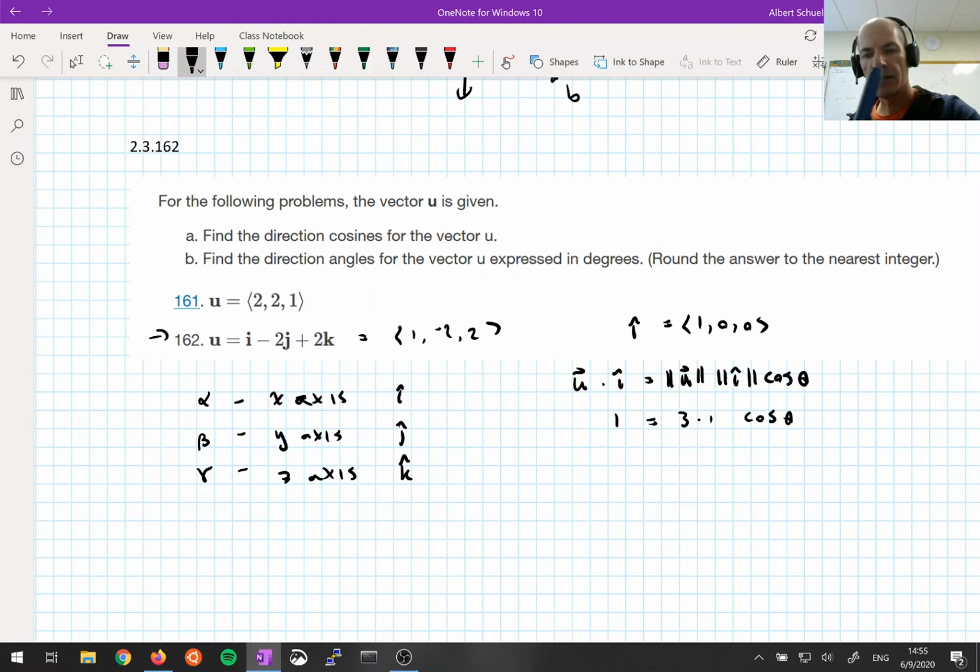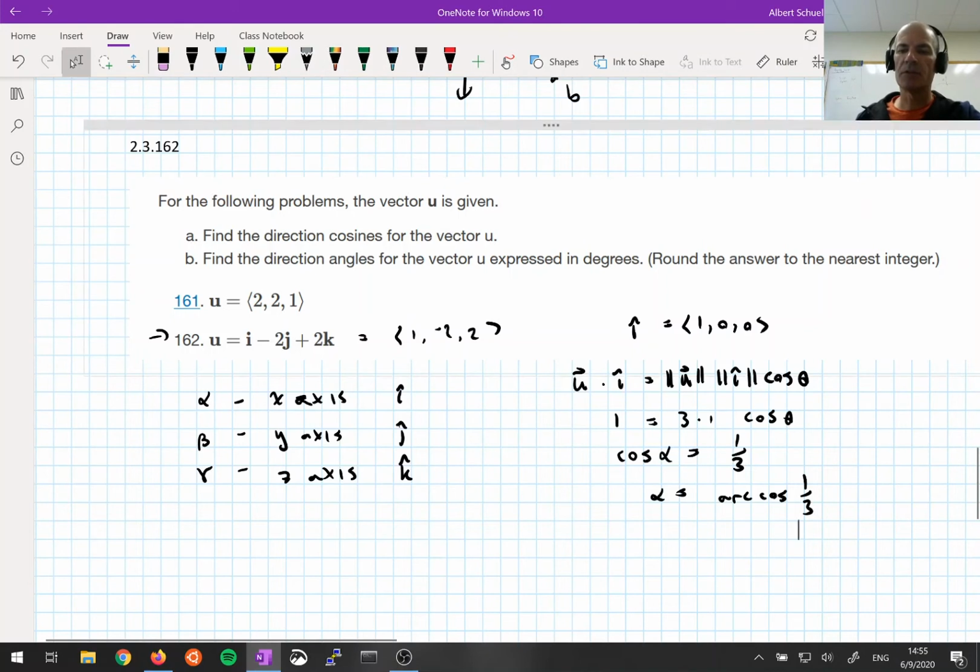So we know the direction cosine for the x-axis, alpha, and I should have been using alpha here all along, is 1/3. And of course alpha is the arc cosine of 1/3, and you can jump over to Google and check that out.